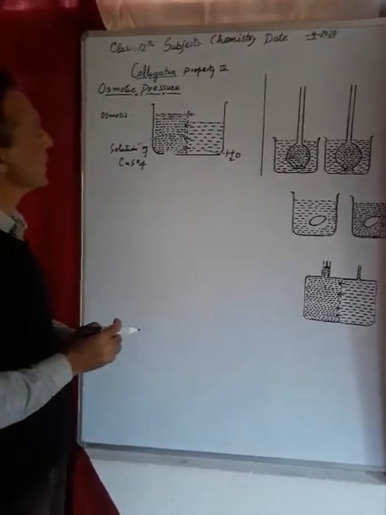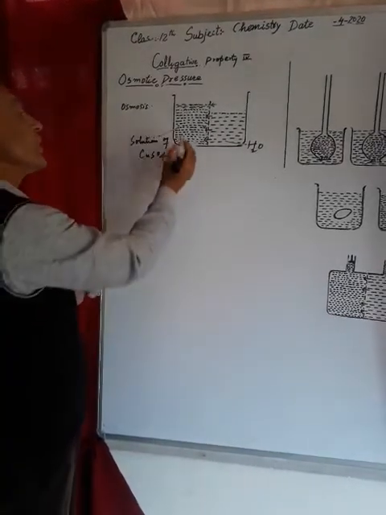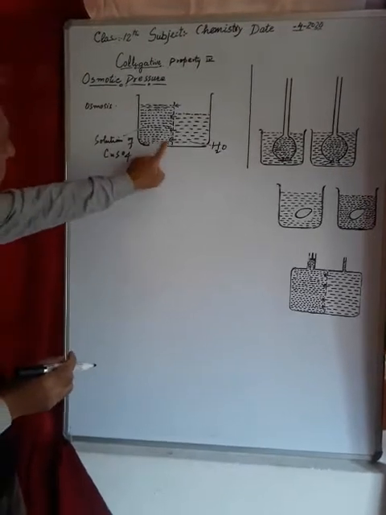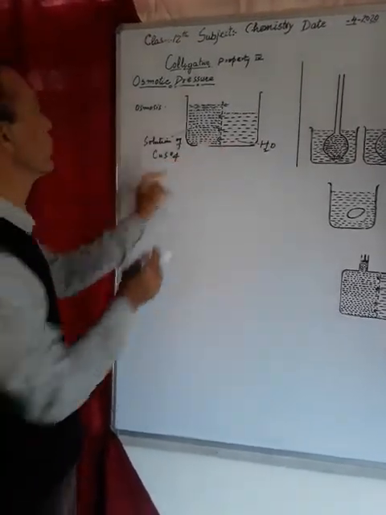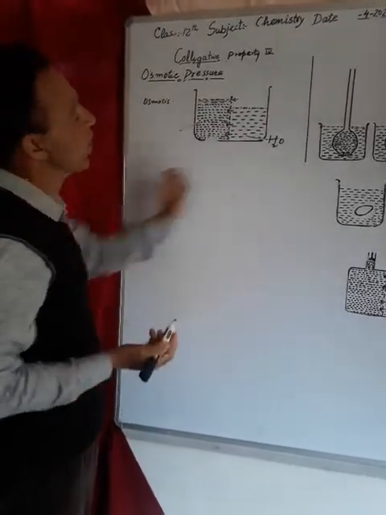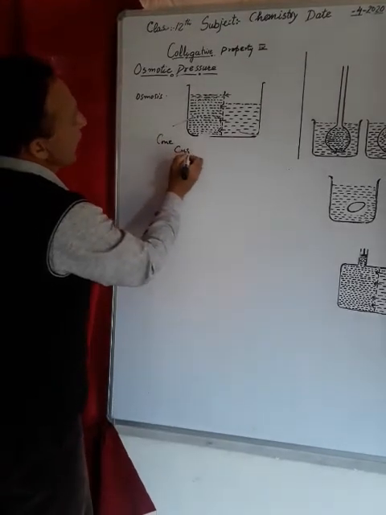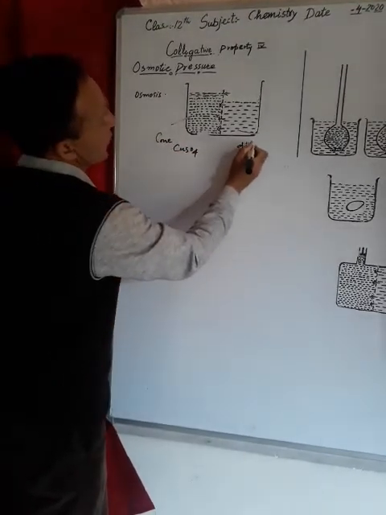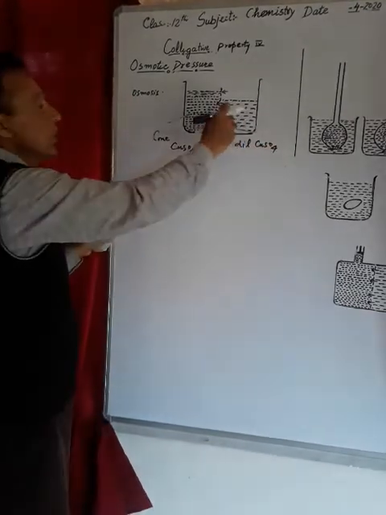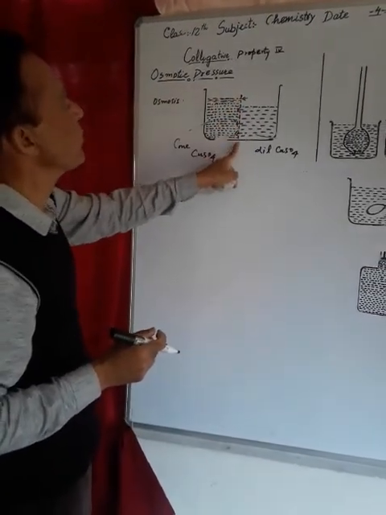A similar flow of solvent particles is seen if we take two solutions and separate the two same solutions, one concentrated and another dilute. Suppose we take concentrated copper sulfate solution and dilute copper sulfate solution in the two compartments of the beaker, divided by the semi-permeable membrane.